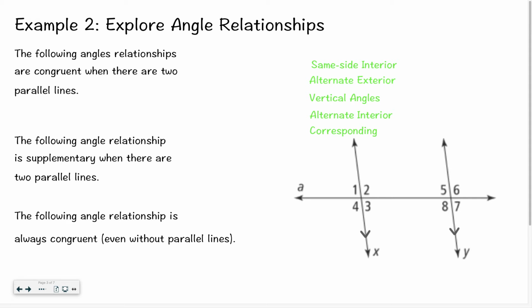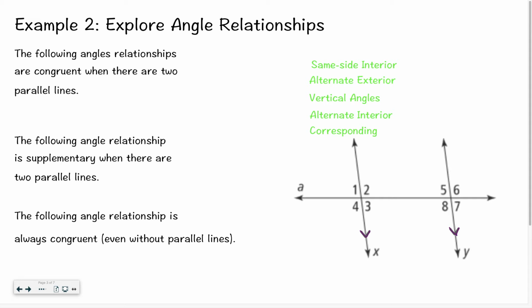So when you have those angle relationships and they are between two parallel lines, so you can see we have the arrows telling us that we have two parallel lines, there are some things that are true about those angles. There are some angle relationships that are congruent as long as you have two parallel lines.